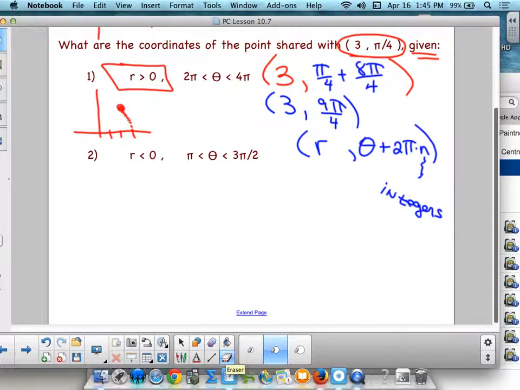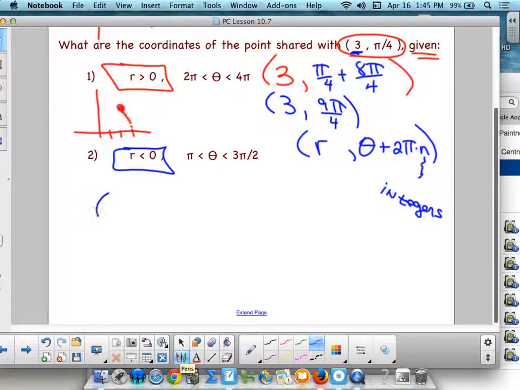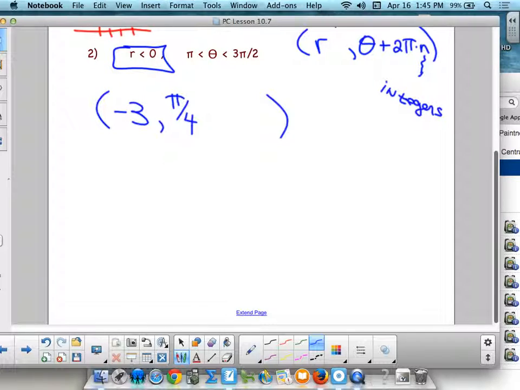Now, let's do this one. What does this one say? r is what? Less than 0. So change your r value from 3 to what? Negative 3. Gotcha. Now what do I do to this angle that they gave me? Subtract 2 pi.